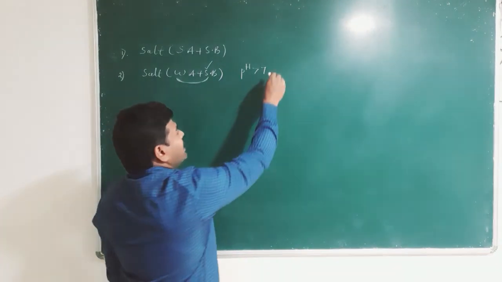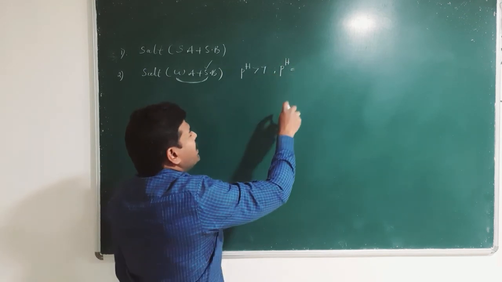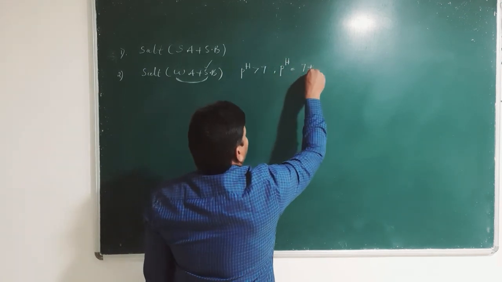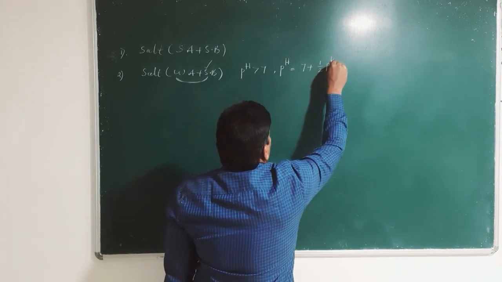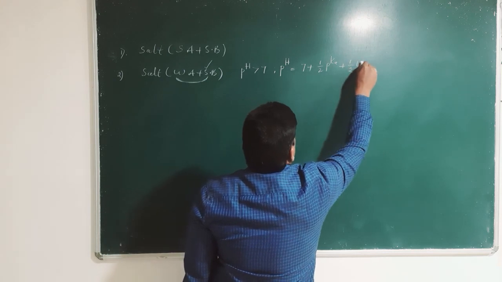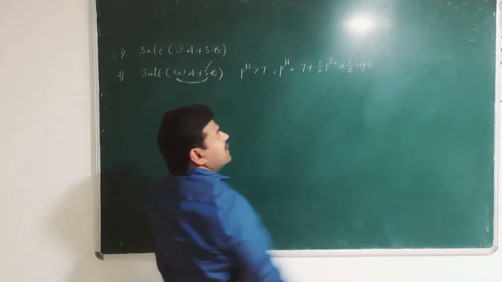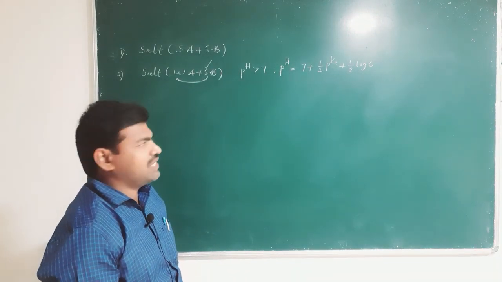And the equation to calculate the pH is pH is equal to 7 plus 1 by 2 pKa plus 1 by 2 log C. That is the equation to calculate the pH.